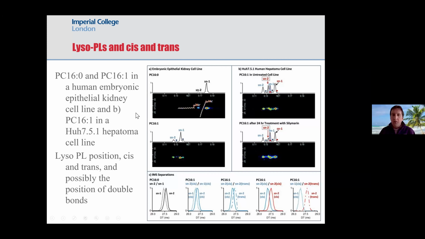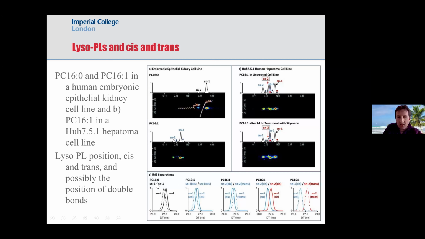Another nice example that came out of their paper is how you can separate out different lyso PCs. So here they're looking at lyso PC 16:0 and lyso PC 16:1 in either human embryonic epithelial kidney cells or hepatoma cell line. And if I just orientate myself, this is in the kidney cell line over here.